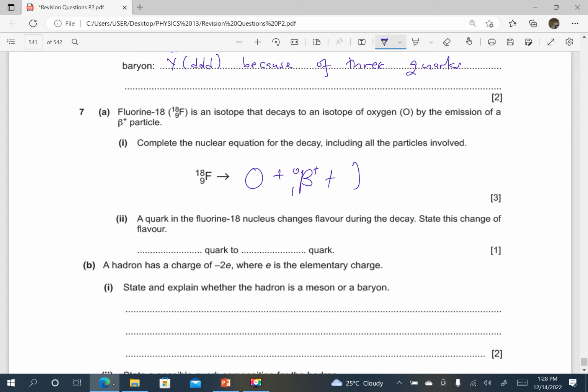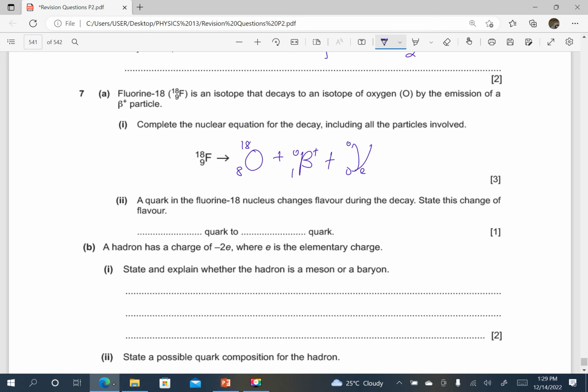Beta positive is accompanied by a neutrino, or an electron neutrino. So we try to balance the equation. So this will be 8 and the nucleon number will be 18. So that equation is complete. Note that beta positive is 0, positive 1.